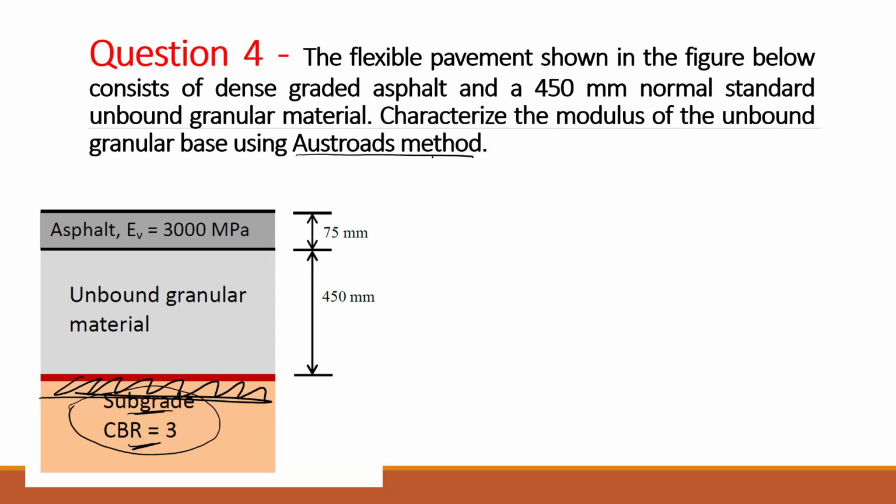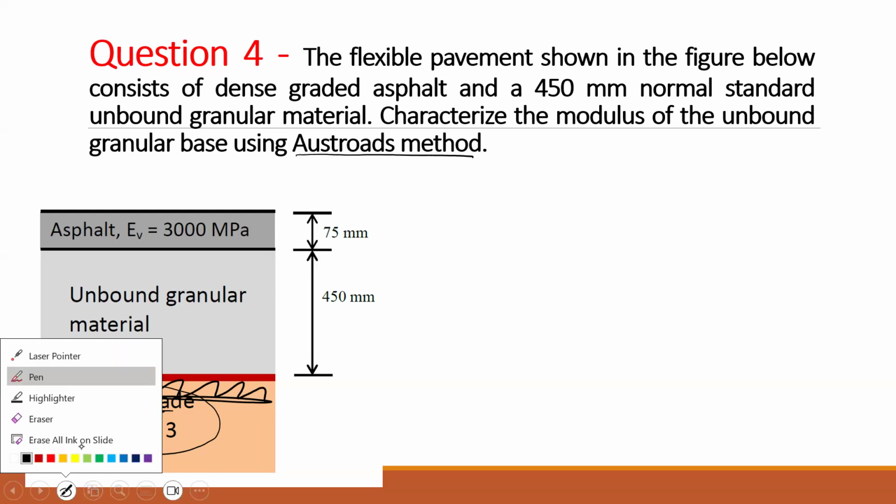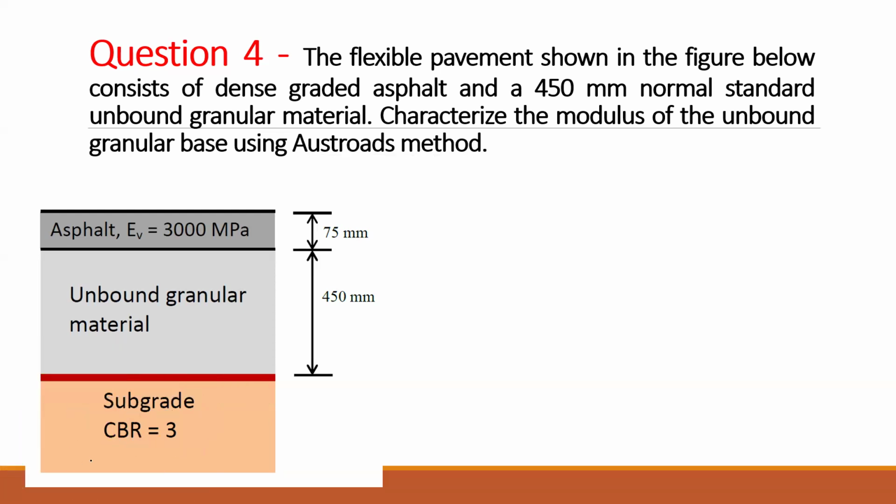Okay, let's see what the sublayering procedure is. We divide this unbound granular material into 5 equal thicknesses. We find the modulus of the first layer using an equation and also using a table.